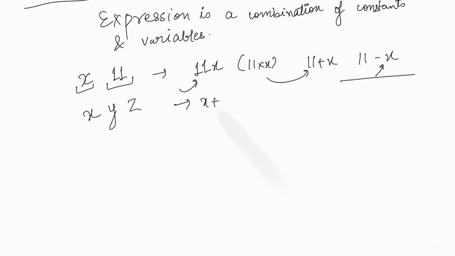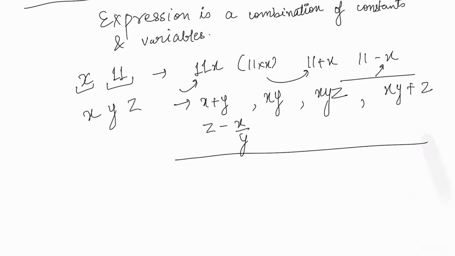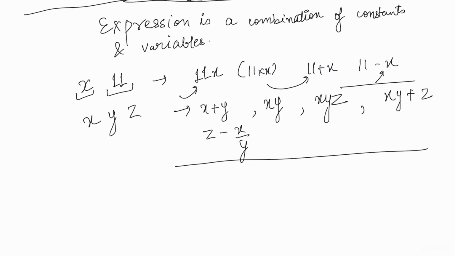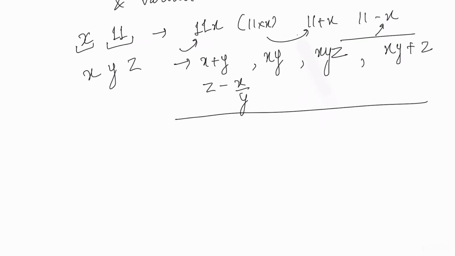Suppose I write x plus y, xy, which is multiplication of x and y, xyz, multiplication of x, y and z, xy plus z, multiplication of x and y, to the product I added z, and z minus x by y. So any combination can be an expression.